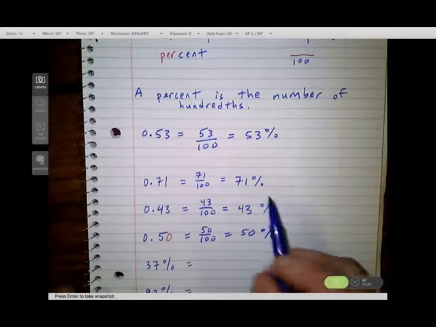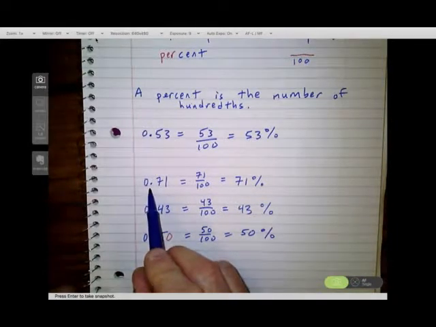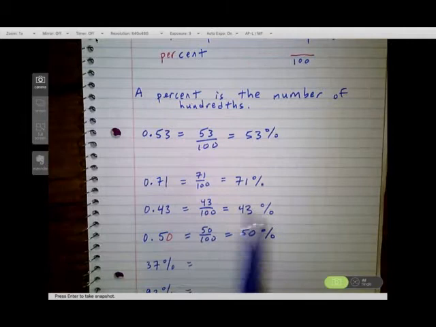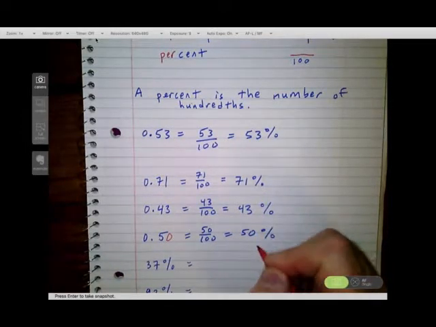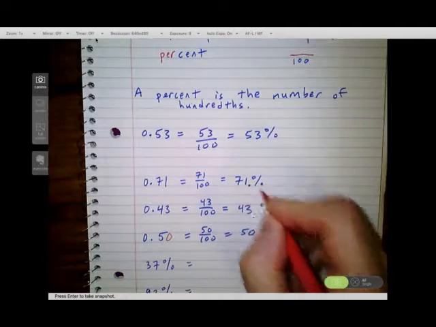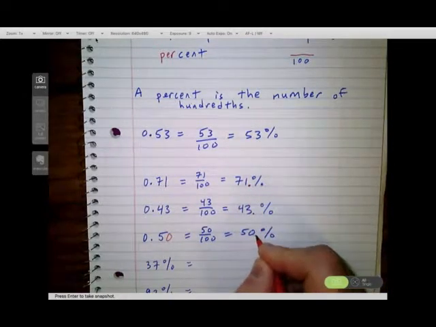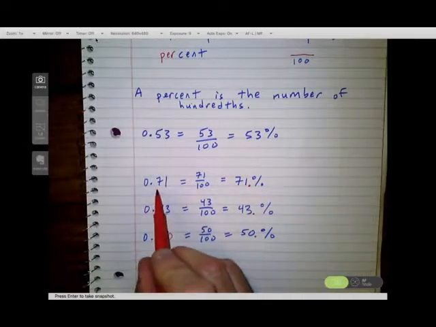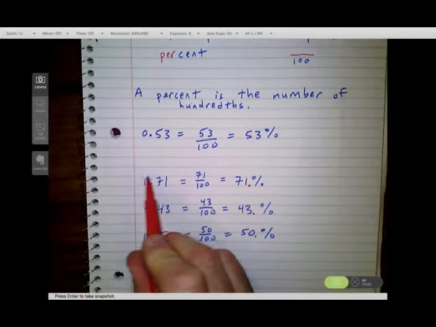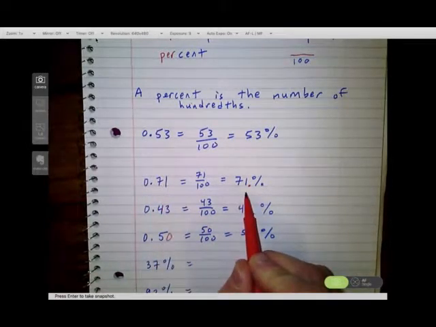Now I want to look at all these for just a second here, and I want to show you something, because pretty soon you'll notice a pattern, I think. Now if I were to fill in the decimal place on these, the percents are whole numbers, so the decimal's at the end. So let's look here, what did the decimal do from my original decimal problem written like this, 0.71, to my percent?